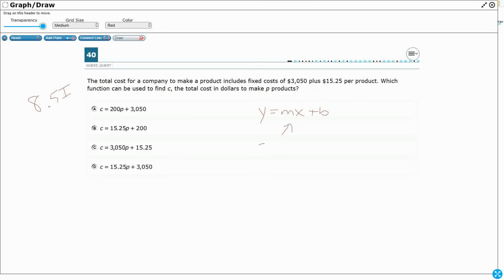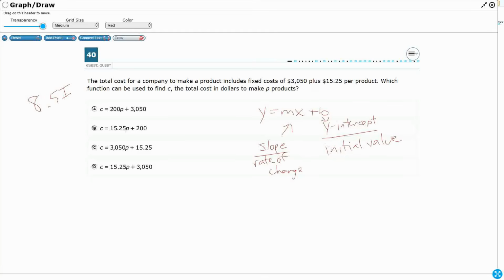This is our slope, or we can also think of it as our rate of change. Now this is our y-intercept, b, but we can also think of it in real world terms as the starting or the initial value. If we know those synonyms, the rate of change and the initial value, that's going to help us here.